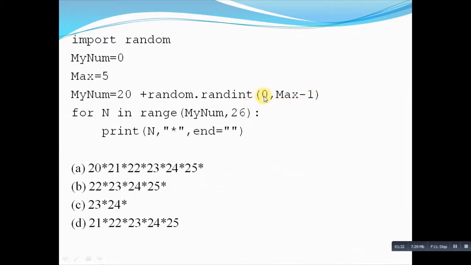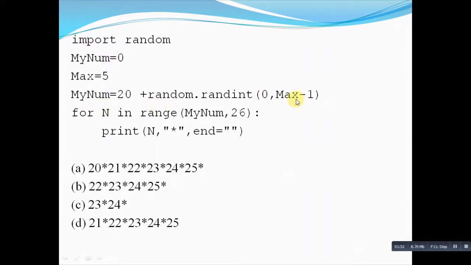It means if 0 is generated, then the minimum value that will be stored in mynum will be 20, because 0 is generated from this part of the program, and if 0 is generated, then 20 is added with 0, so the value of mynum will become 20.